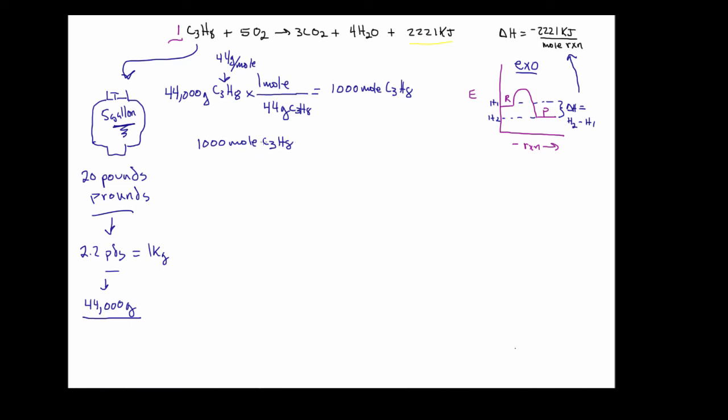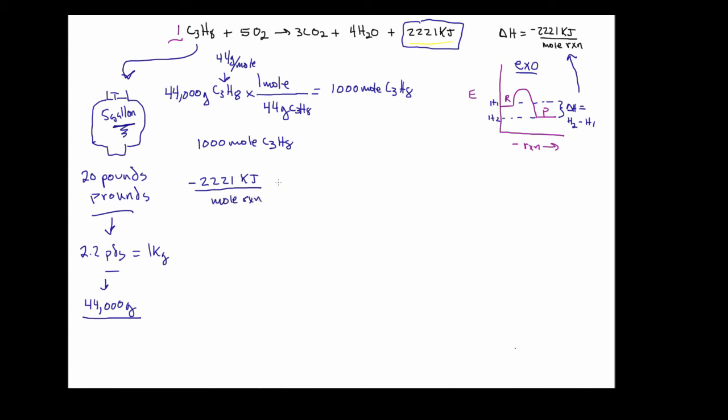Now that we've got this in moles, how do we figure out how much energy is released? We need to go back and think about what this value means. This is the amount of energy that's released when we burn exactly 1 mole of C3H8. I'm going to rewrite it here: minus 2,221 kilojoules of energy is released per mole of reaction.